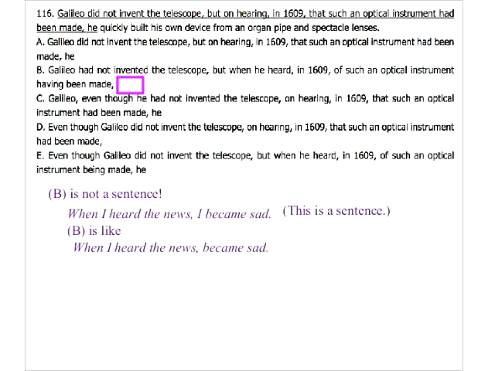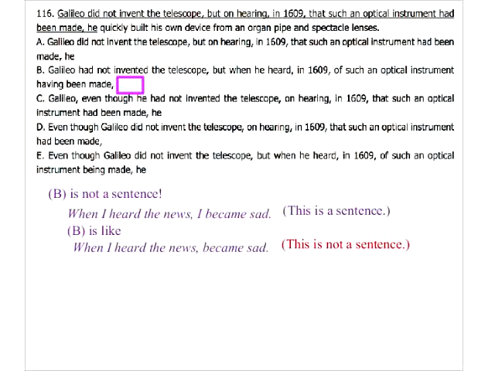But if you want to read more about why this modifier is sketchy, then you can go to that link. But it should be a much bigger deal to you guys that this is not a sentence. So be aware of that. If you guys are too busy picking at small modifiers and not realizing that B is not even a sentence, that's not great.